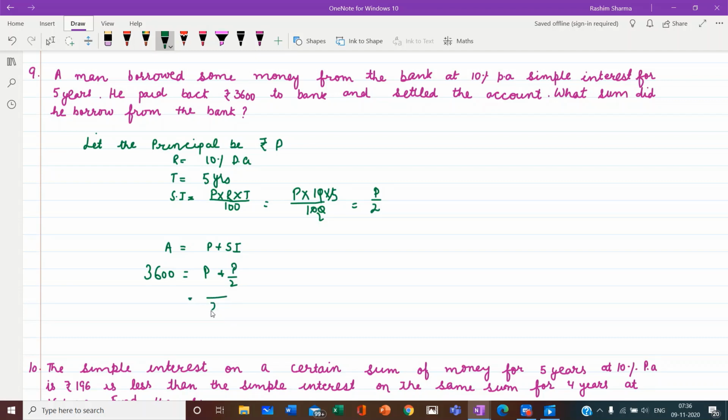We will take LCM 2, it becomes here 2P plus P. Here we have 3600. So we get 3600 is equal to 3P on 2. So we can take 3 on 2 to the other side, it becomes 3600 into 2 on 3. So we cancel here 1200 into 2, it means rupees 2400 is the answer.